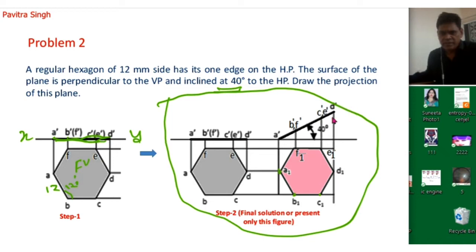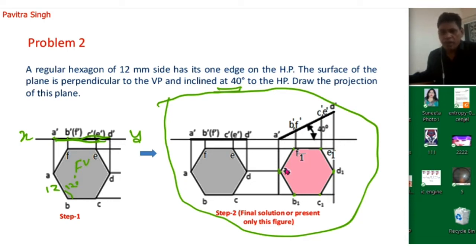This horizontal line intersects this vertical line, from point D and from point D dash, so this will be D1. Similarly, we draw a vertical line from point E dash and a horizontal line from point E, giving E1. Now we draw a horizontal line from point F and a vertical line from point F dash, giving the new point F1.